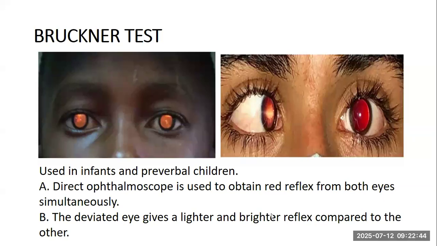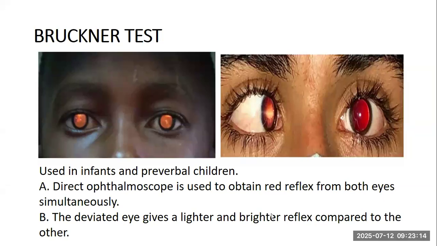Now, the Bruckner test is a gross examination and is actually simple. It's used in children, especially those who are not cooperating. So you want to have an idea of the visual status of the eye. In doing this test, you project a light source to the eyes simultaneously. Ideally, the red reflex is supposed to be equal and equally clear, or equally red, in both eyes.